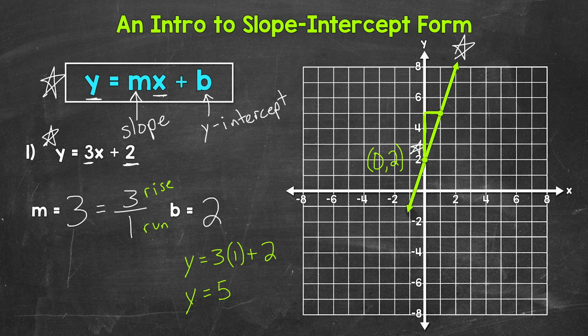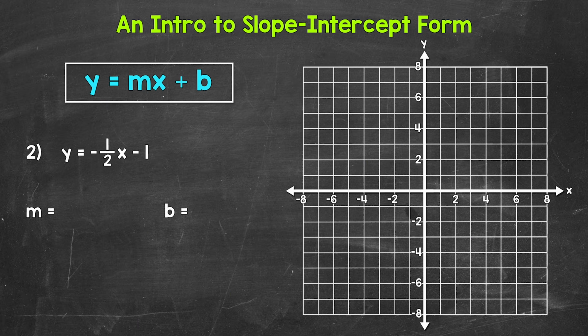Let's move on to number 2. So here is number 2, where we have y equals negative 1/2 x minus 1. For this one, we're going to figure out the slope, the y-intercept, and then graph the line. Let's start with our slope, which is negative 1/2.